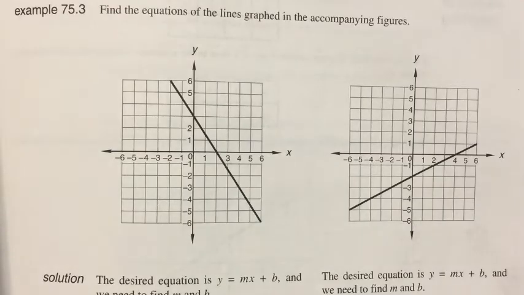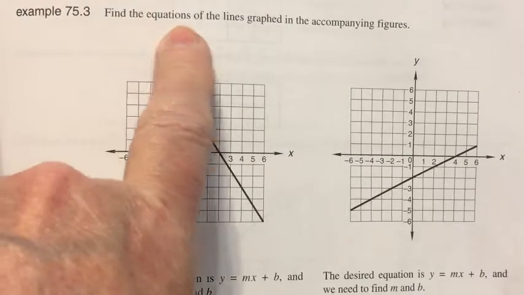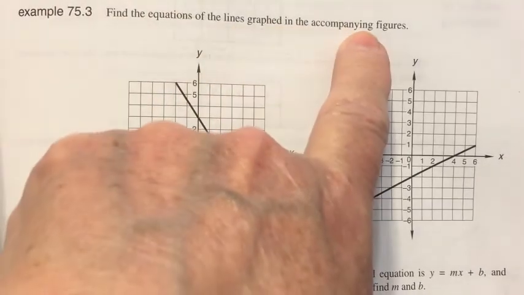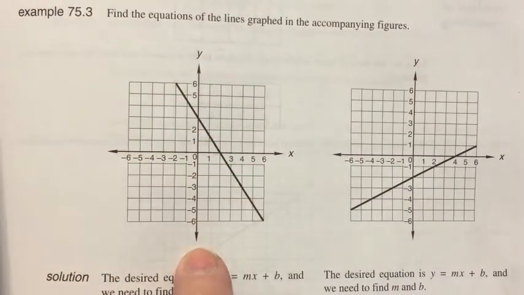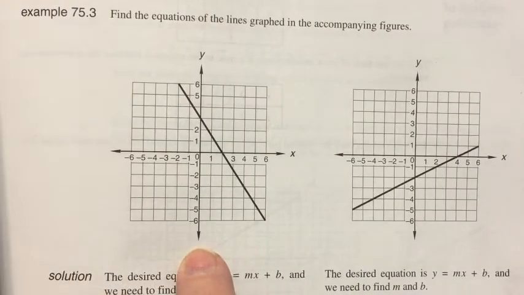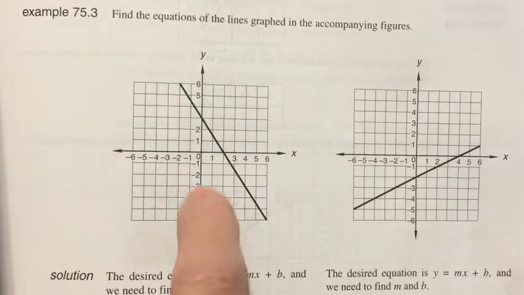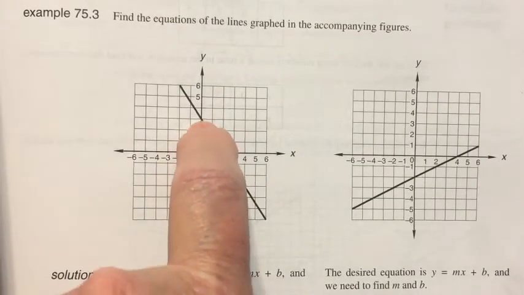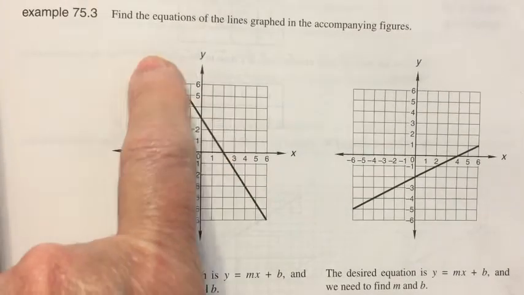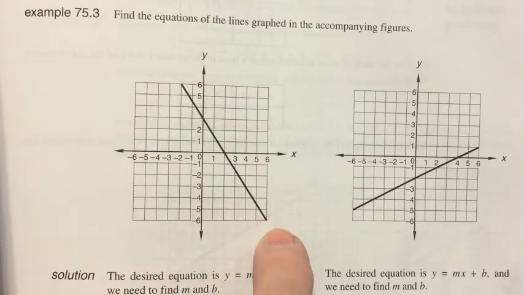All right, so here we have an example. It says find the equations of the lines graphed in the accompanying figures. So here we have a line graphed, and we can tell from this line that the y-intercept looks to be 3, and it has a downward slope.